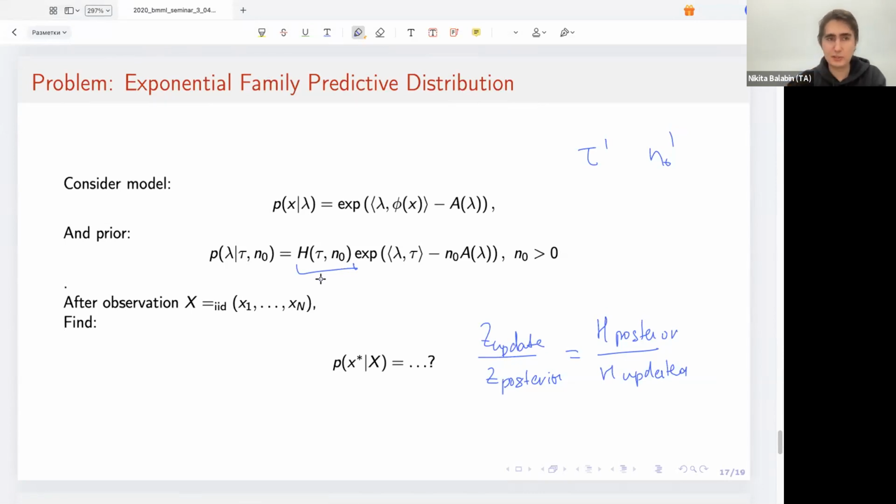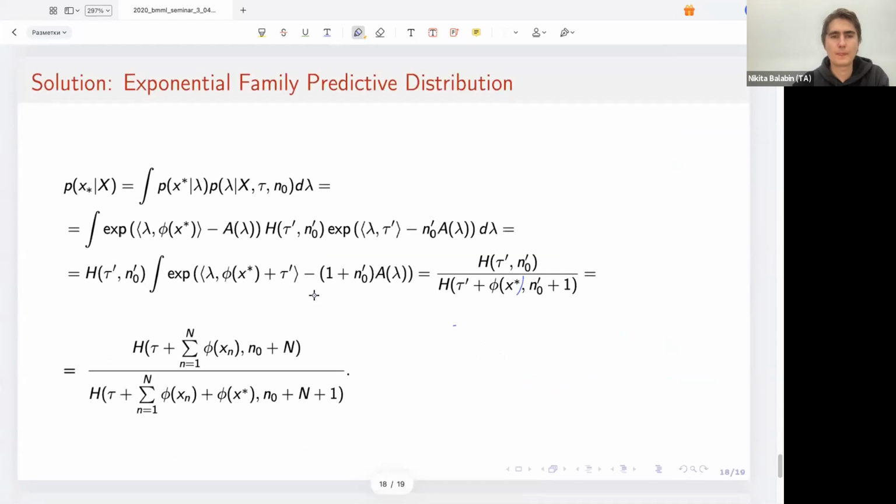Okay, let's discuss the solution. It is not difficult. Here we have the posterior distribution. We know its form, and we just use our knowledge.